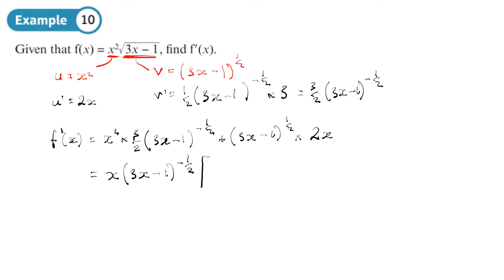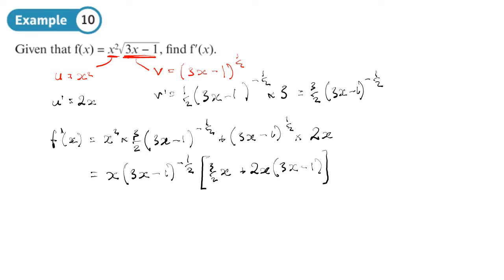So that means in the brackets I would put 3 over 2x to get the first chunk, and then plus 2x times 3x minus 1, and that will give me the second chunk.